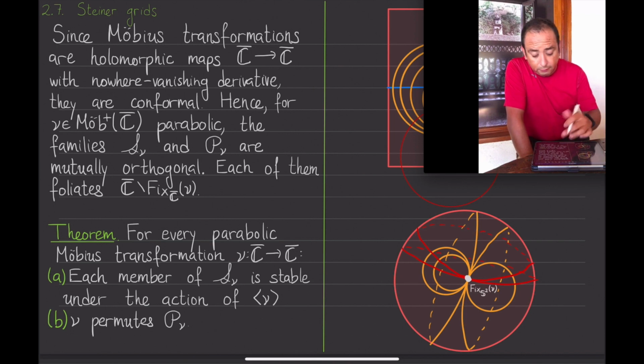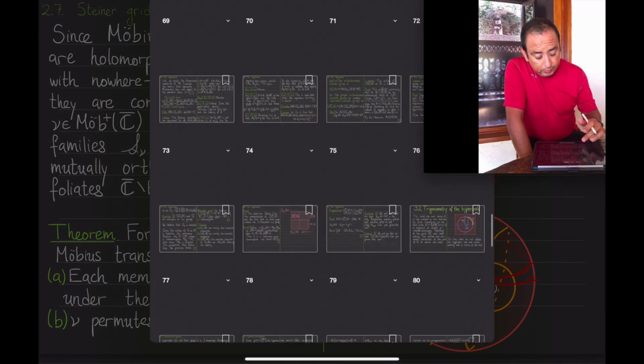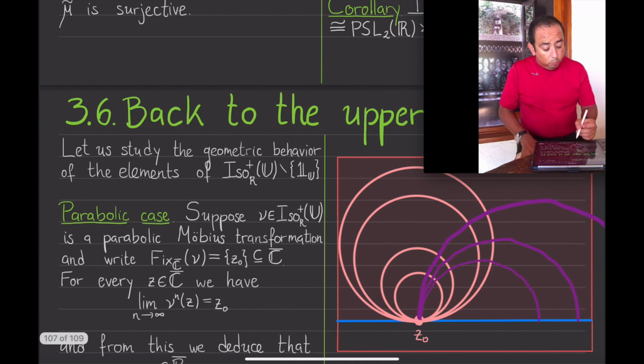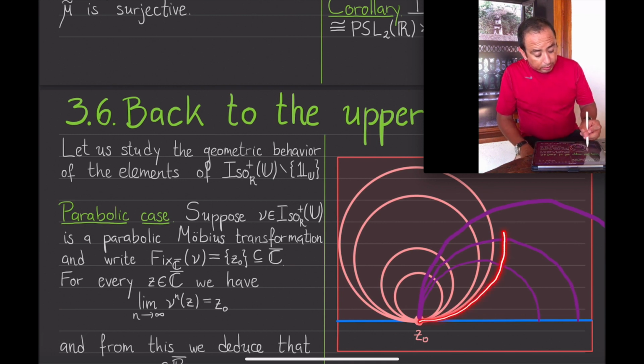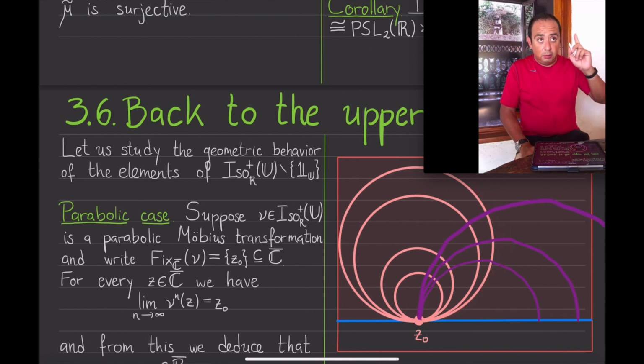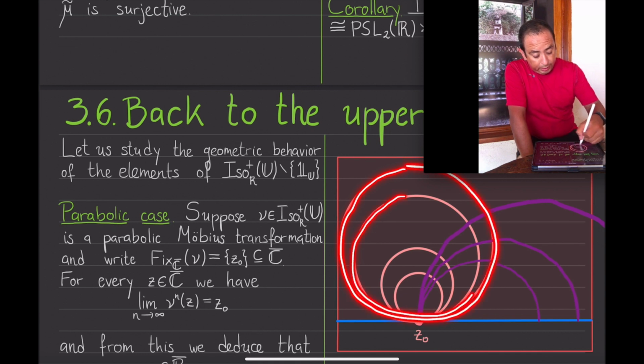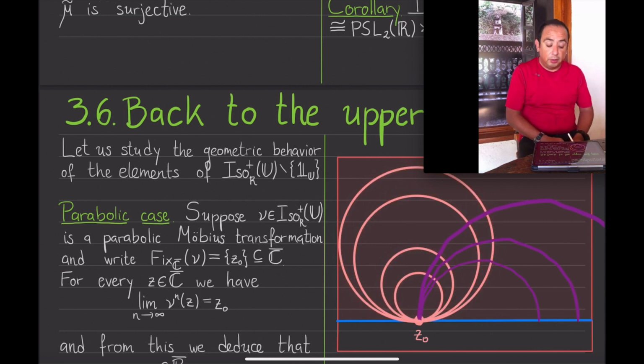One can easily be convinced that in the situation we are at here, when we take all the Euclidean circles in C bar contained in U bar, so contained in U union R bar, and tangent to R bar at Z0, that is the circles that look like these four pink circles that I have drawn here, each of those is stable under the action of nu, of all the powers of nu.